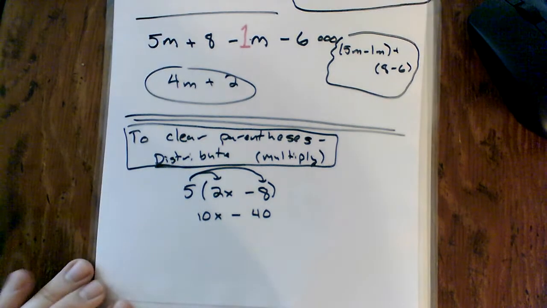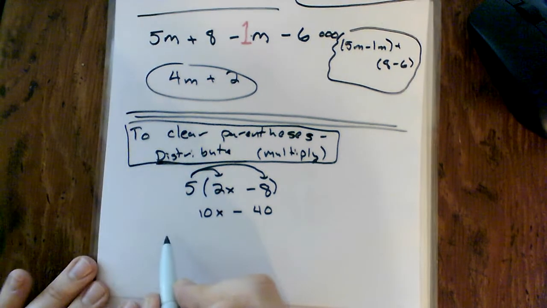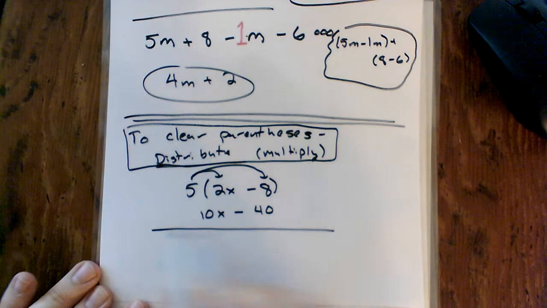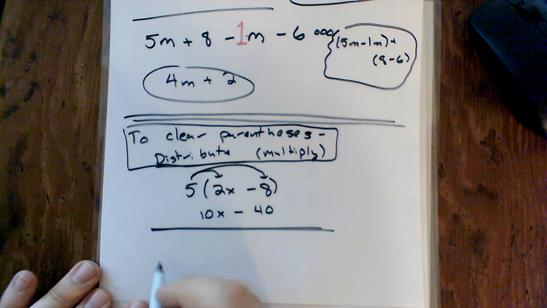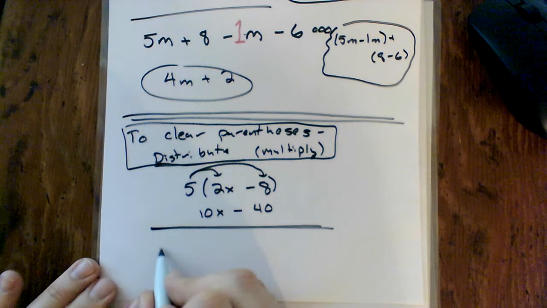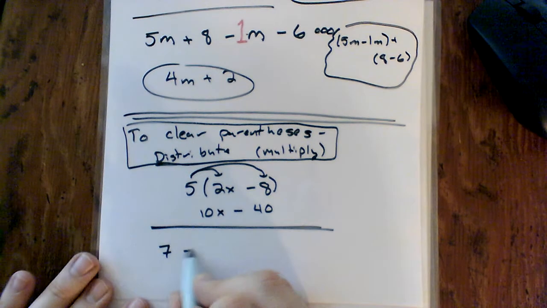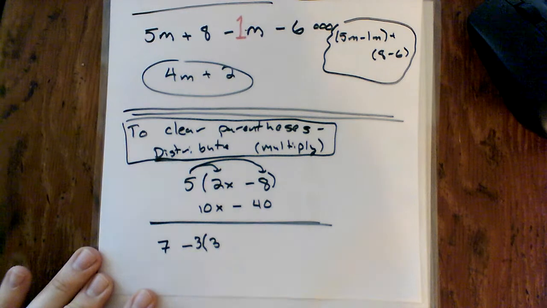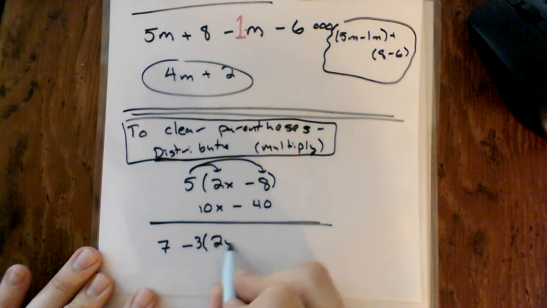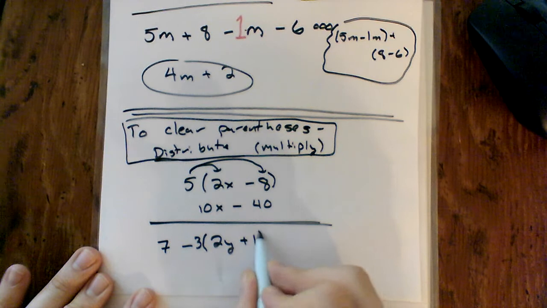Let's do it again. Only this time I'm going to add another little twist. Let's say I've got something like, I'm going to do something interesting. Let's say I've got 7, only I'm going to subtract 3 times 2y plus 1.